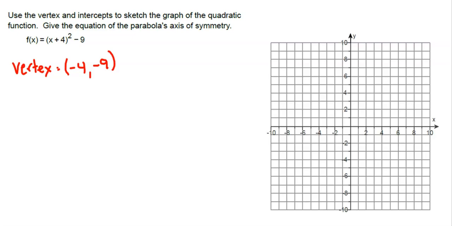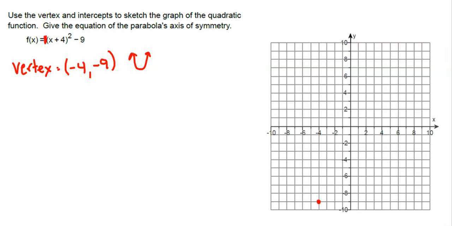Let's go ahead and graph that. Negative 4, negative 9. And because the number multiplying outside these parentheses is an implied 1, which is positive, that tells us that this parabola is going to open up. So that vertex is the lowest point on the graph.